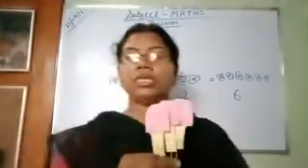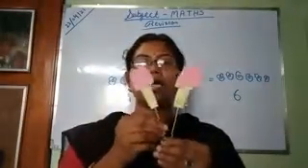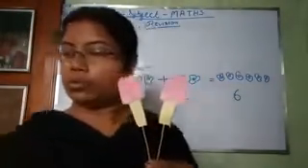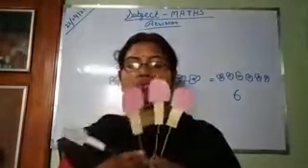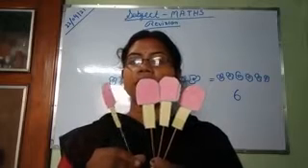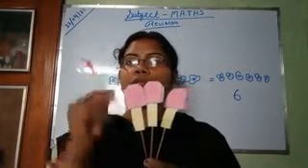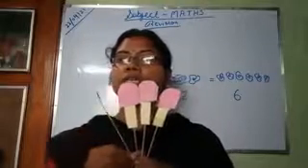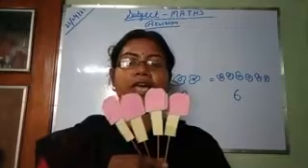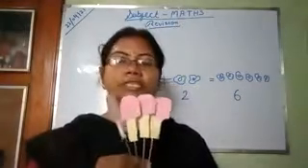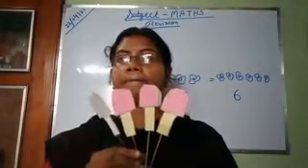Okay, now see, I have 2 ice creams and somebody has given me 2 more. Now how many total ice creams do I have? 1, 2, 3, 4. Whatever the total number of things which we have is called addition. Always remember this.